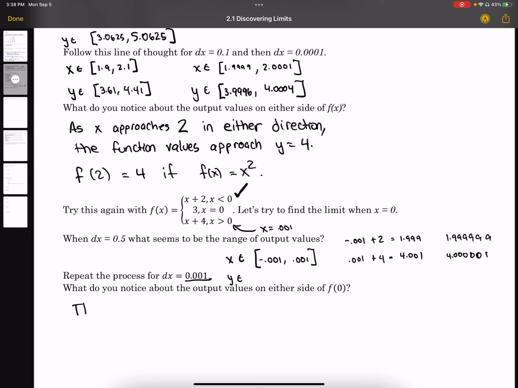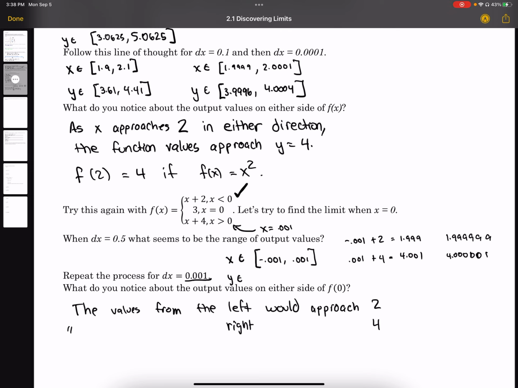And we say something like the values from the left would approach 2, and the values from the right would approach 4.